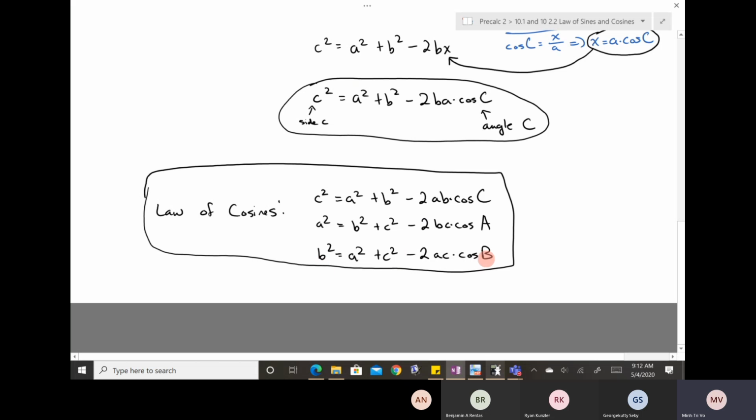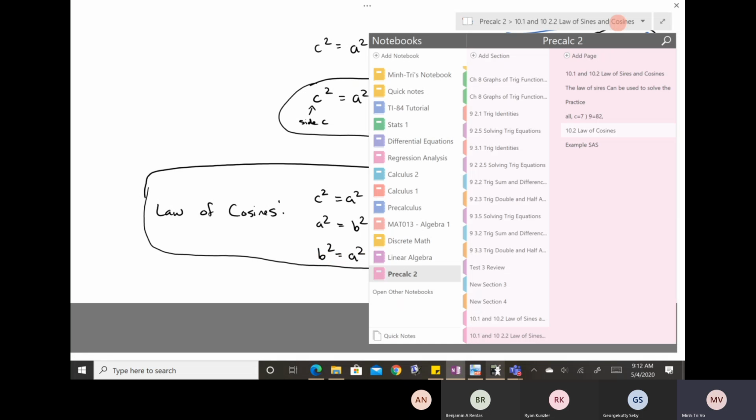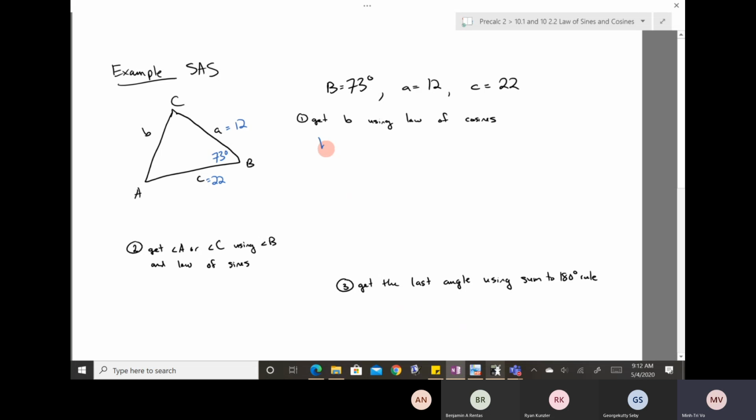So this is side B, this is angle B, side A, angle A, side C, angle C. So we want to relate side B and angle B. Again, the angle here should correspond to the side here. Then the other two sides are just coming from the Pythagorean theorem, and the two sides here are always the same as the two sides here.